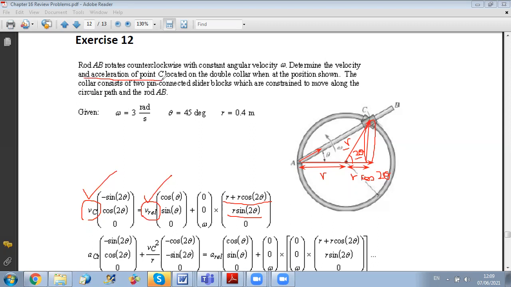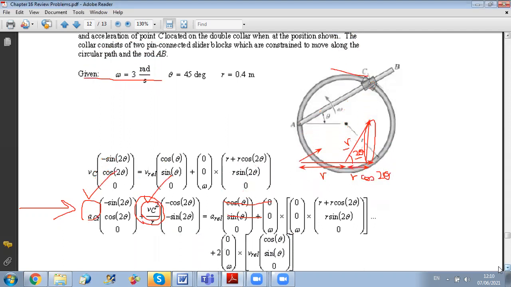But even if they didn't ask you for the velocity of C, you should pass by this step because you need V relative. Okay? You need V relative because you will use it in the Coriolis acceleration term. So always you should pass by this step before going to the acceleration relation, since the Coriolis acceleration involves V relative. So now let us go to the second step.